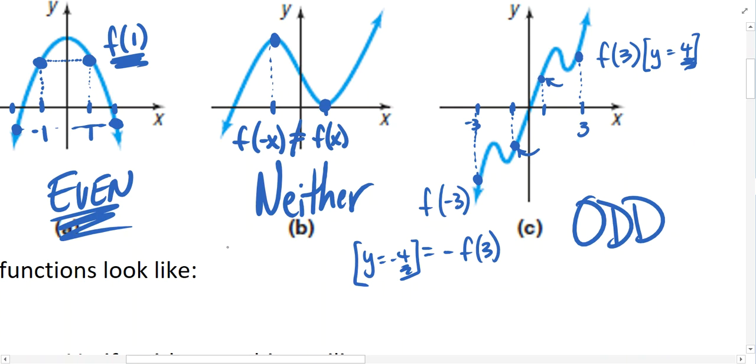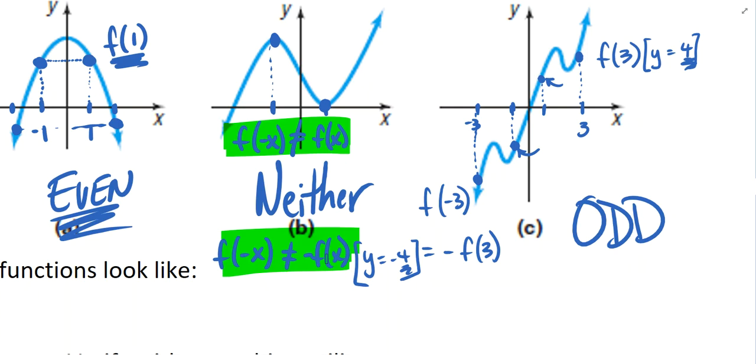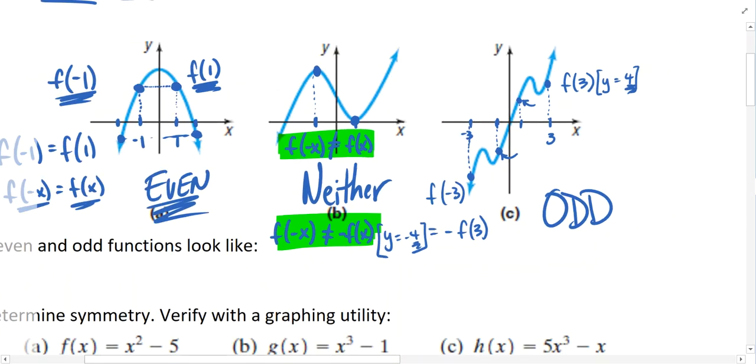Moreover, and I'm going to have to jump down here to fit this in, f evaluated at -x is not the opposite of f of x either. While this definition was our definition for an even function, and this one was our definition for an odd function, neither one holds true in this case. So if neither definition holds true, then we would say that the function itself is neither even nor odd.